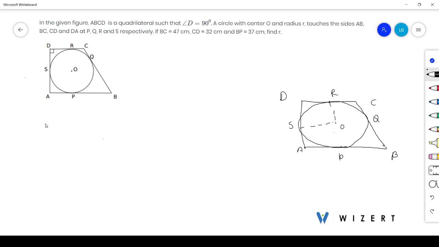Since the tangent to the circle is perpendicular to the radius through the point, therefore angle DRO equals angle OSD equals 90 degrees. This is because OR is perpendicular to DC and OS is perpendicular to DA.